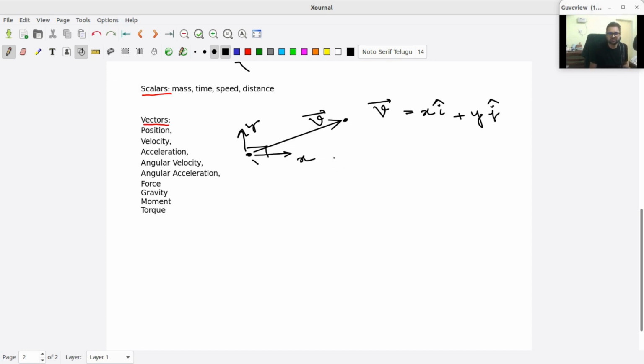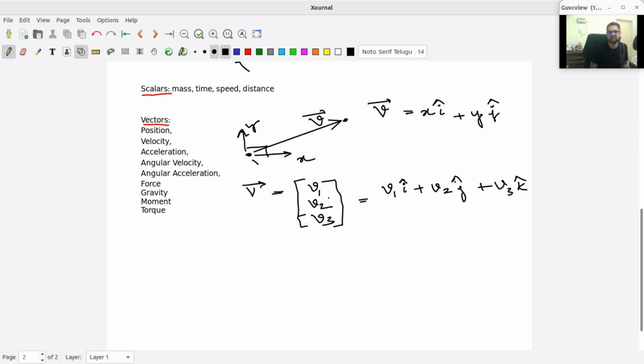In these videos we will write any vector v in this form: v1, v2, v3. Or we can also write it as v1 i cap plus v2 j cap plus v3 k cap, where k cap is the unit vector out of the plane of the paper.